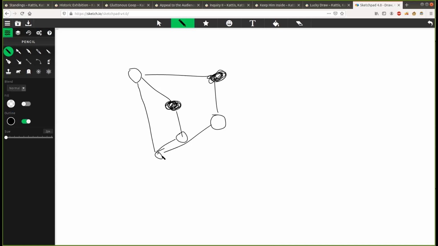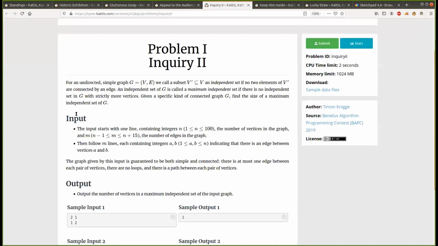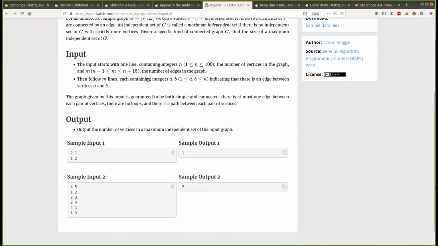For example, this would be an independent set because there's no edge that connects two nodes in our set. And the problem is, you're given a graph and you have to find the maximum size of an independent set.